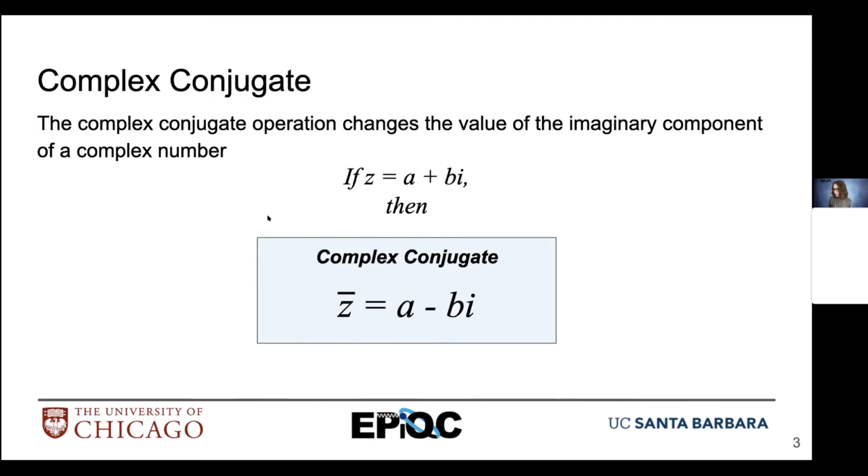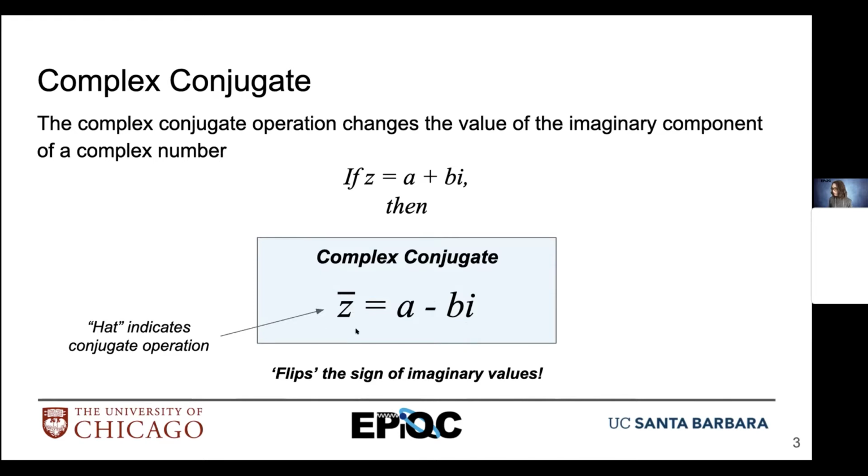So first of which is the complex conjugate operation. What we simply do is we just take a complex value. So we have a plus bi, and then we're going to change the imaginary component so that it becomes negative. So it flips the sign of the imaginary values.